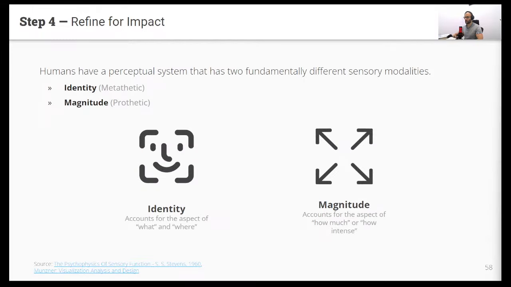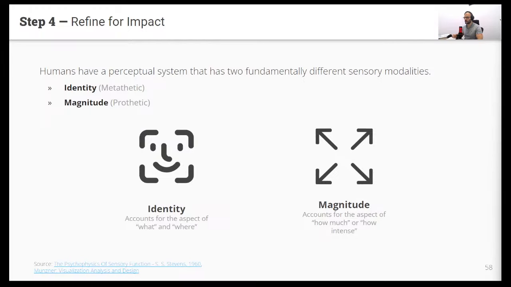So if we look at refining the design, it comes down to understanding the user. We humans have a perceptual system that has two fundamentally different sensory modalities, meaning that we can identify and we can see magnitudes. So when it comes to identification, it's about what and where a certain thing that we have identified is, and also how much and how intense that thing is.